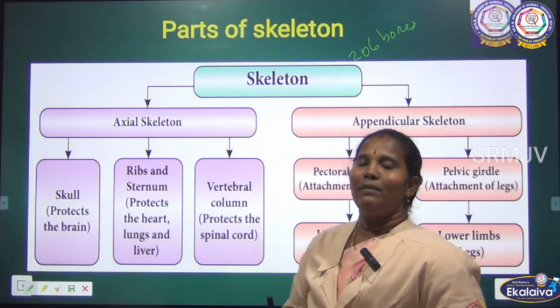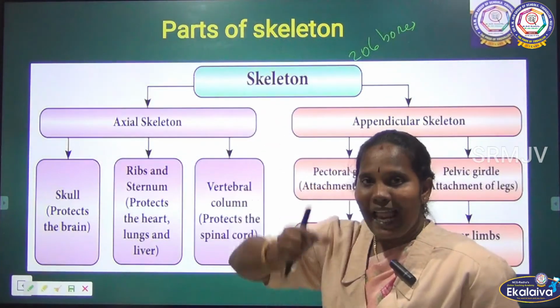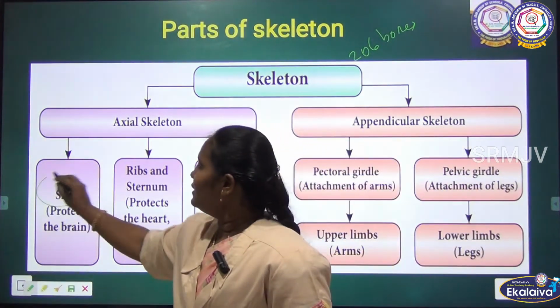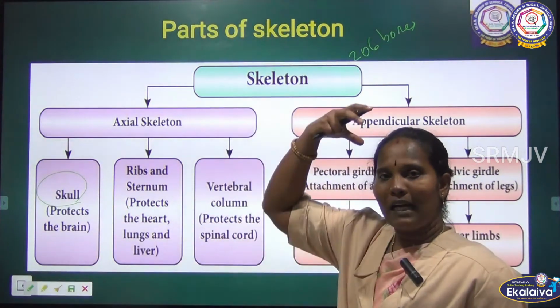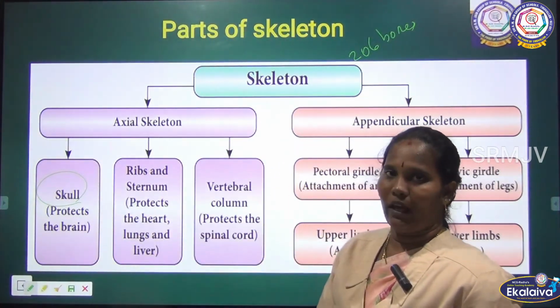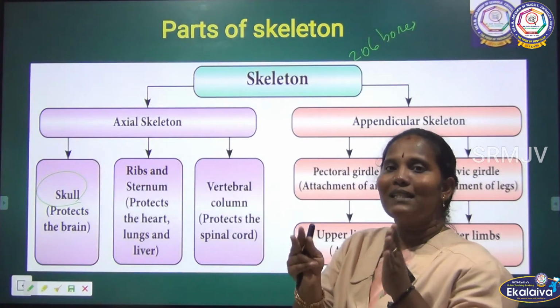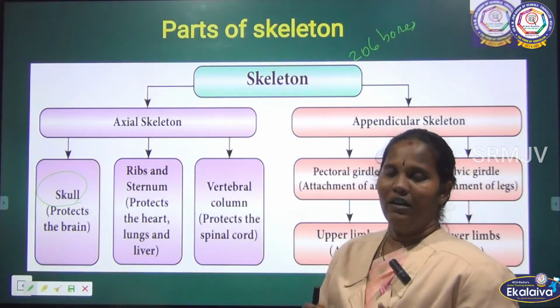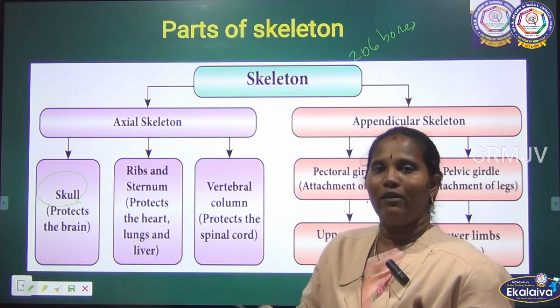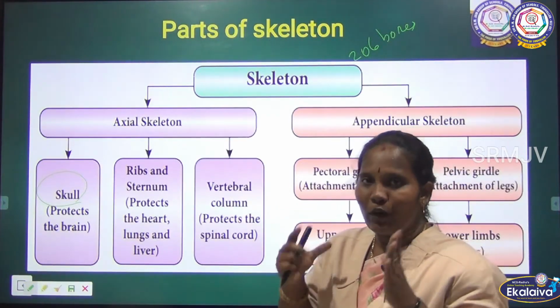What does central mean? These bones make the central axis. How do they make the axis? First is the skull. Our skull is part of the axial skeletal system. The skull works like a natural helmet. How does a helmet work? If we skid or fall, it protects our head.